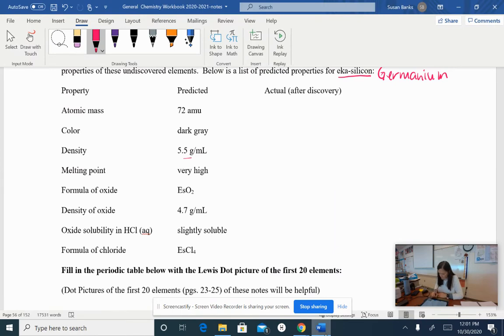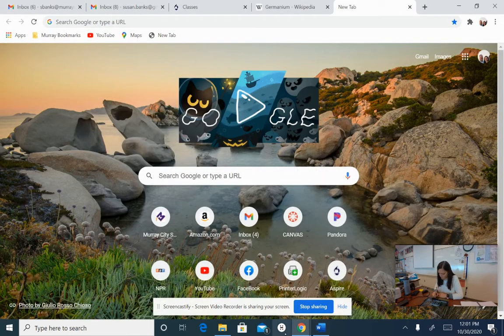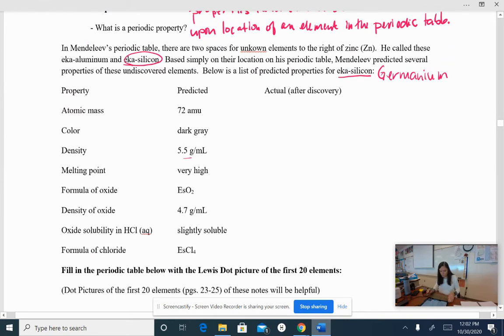I guess I will just tell you what it is. If you look on germanium's Wikipedia page, you will find that the atomic mass is 72.64 atomic mass units. Was he close? Yeah, he was pretty dang close.